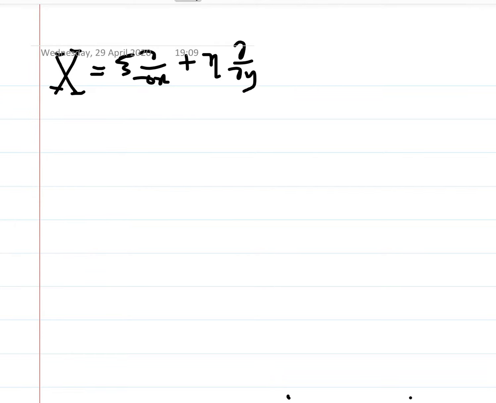Okay, we mentioned that given a vector field X equal to xi dx plus eta dy, then all the functions f of x, y that are invariant under X satisfy X on f equal to 0.